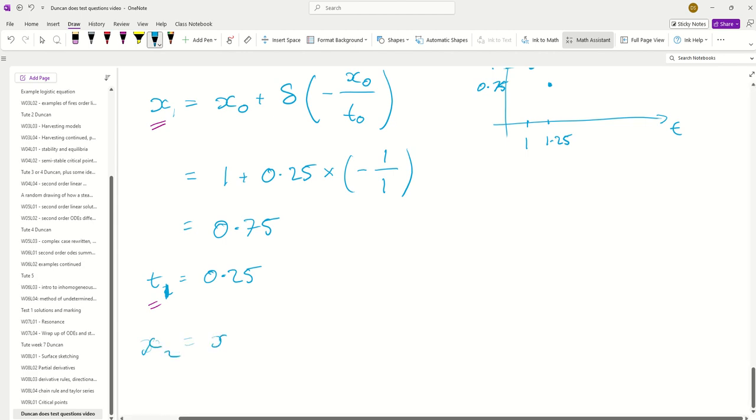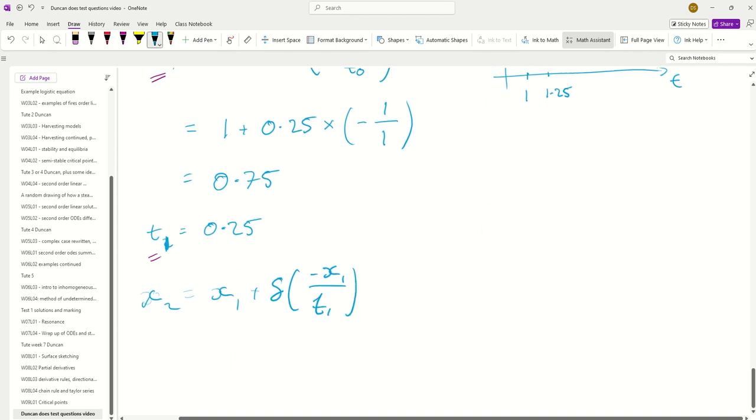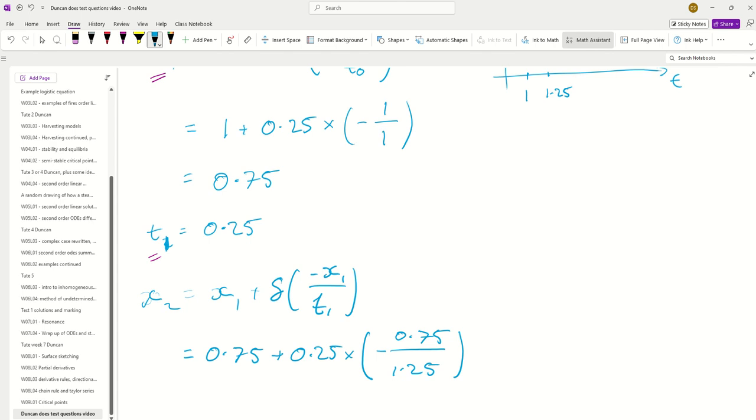Right, so x2 equals x1 plus delta times minus x1 on t1. So that equals 0.75 plus 0.25 times minus 0.75 over 1.25. Now that's got me running off to a calculator, so I'm not going to pull one up on the screen.